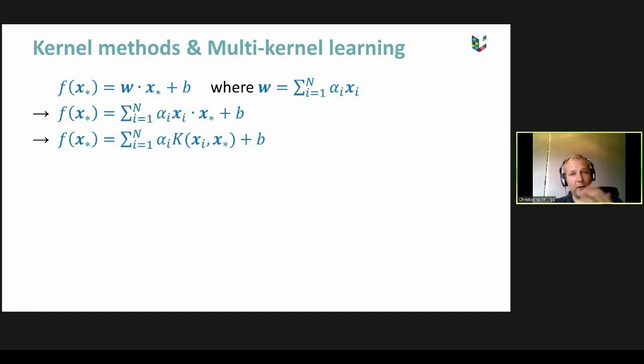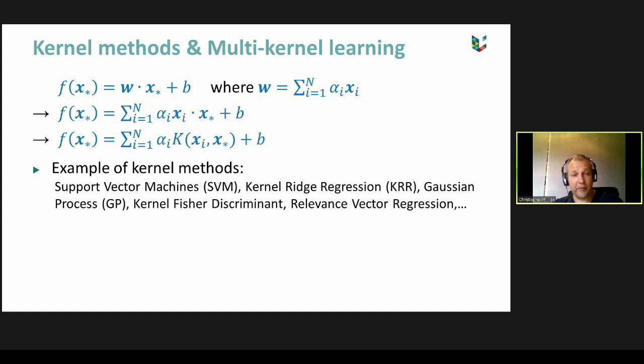So now I can work in terms of samples, and it will be possible to train and find these alpha_i and b by working only with the kernel. The example of kernel methods that most people know about is support vector machines. But there is a whole zoo of other machines that exist: kernel ridge regression, Gaussian process, kernel Fisher, and so on.